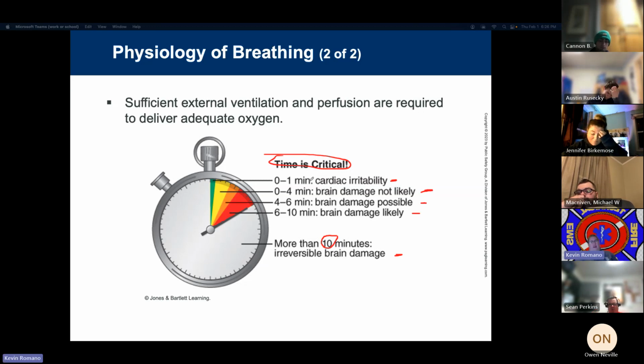So when you get on scene as clinicians, you have to make a clinical decision to start treating rapidly for these patients that have significant breathing issues because they are pending failure.